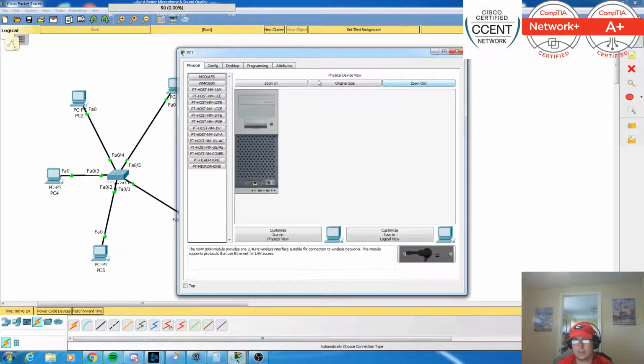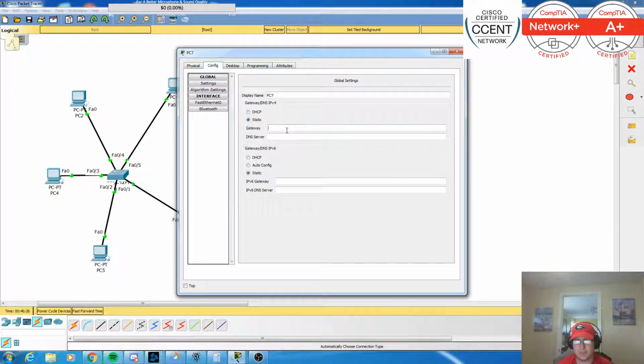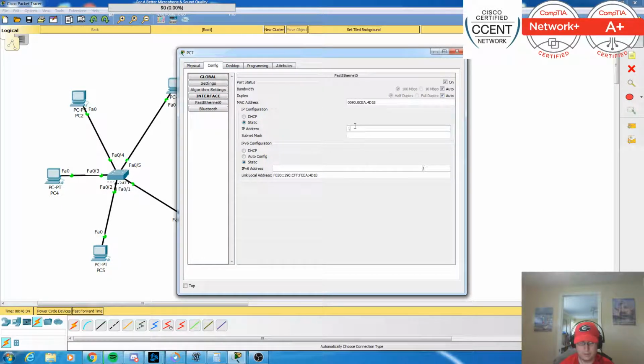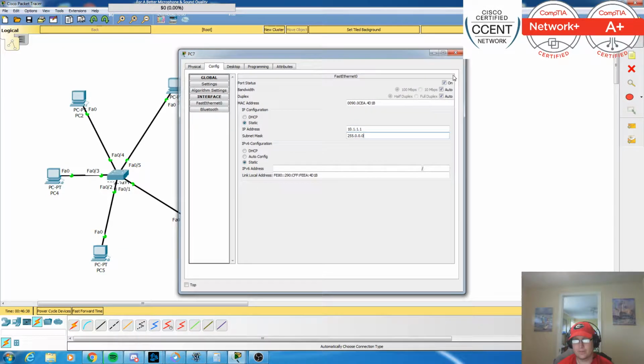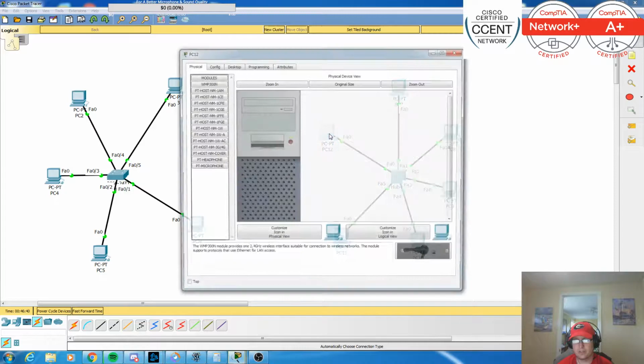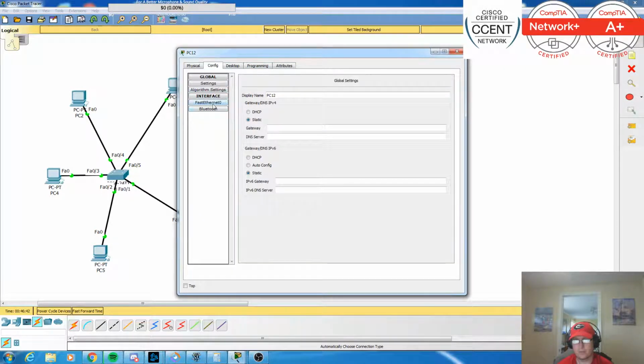Okay. So let's go ahead and configure these, and I can use the same scheme because they're not on the same switch. Oh, I'm on the gateway. Do not want that. 10.1.1.1, 255.255.255.0, that's fine. Okay, that was alright. I see which one I was on.